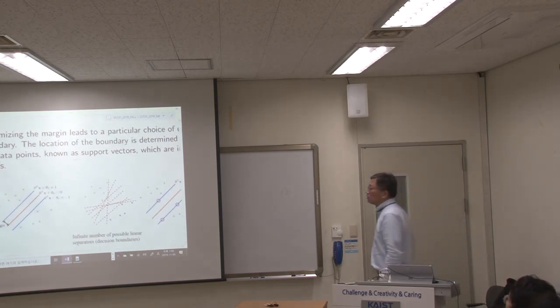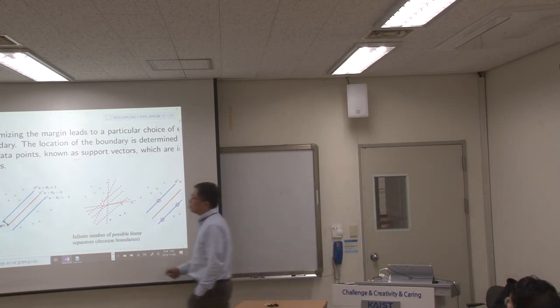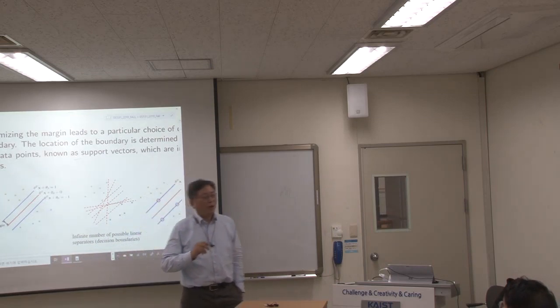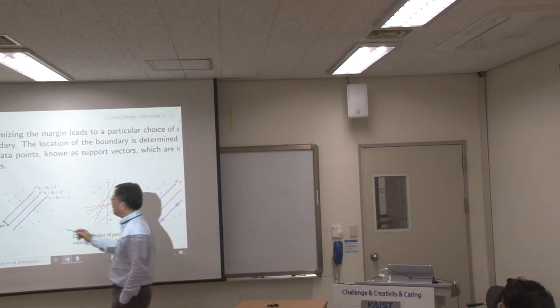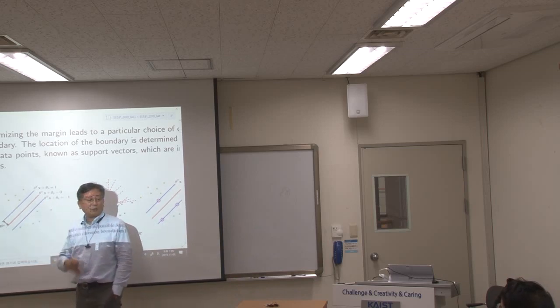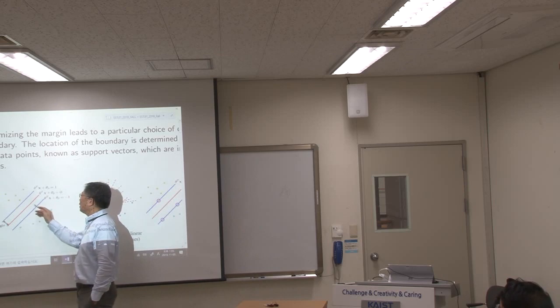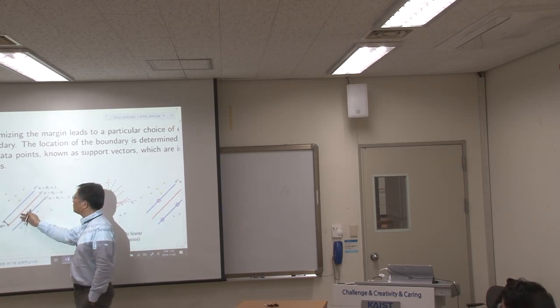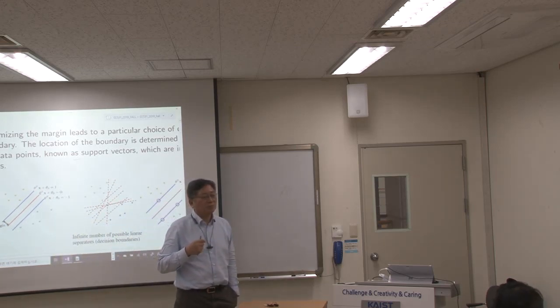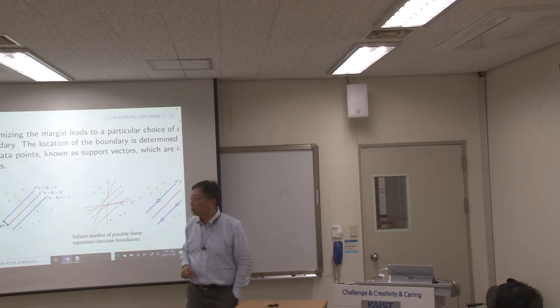So I have yellow dots and blue dots as shown here, and I would like to place a decision boundary, okay? And I define what a decision boundary is. A decision boundary is a set of points in the input space where you cannot make a prediction.